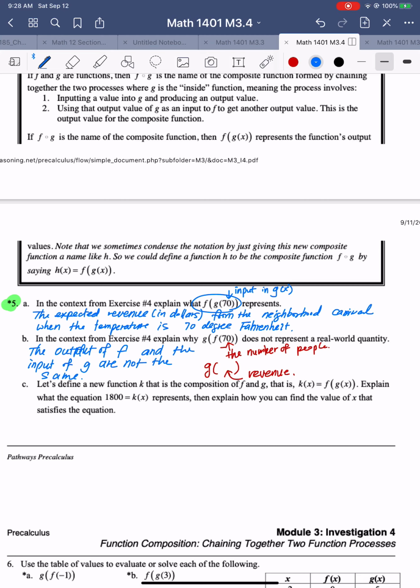So k of x is f of g of x. Explain what the equation 1800 equals k of x represents, and explain how you can find the value of x that satisfies the situation. So first of all, k of x as a whole thing is about revenue, right?